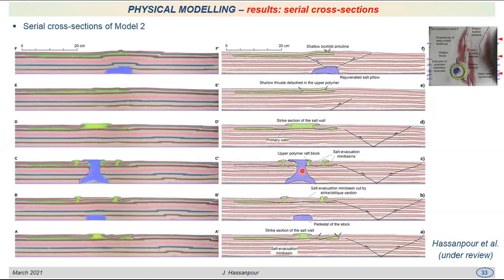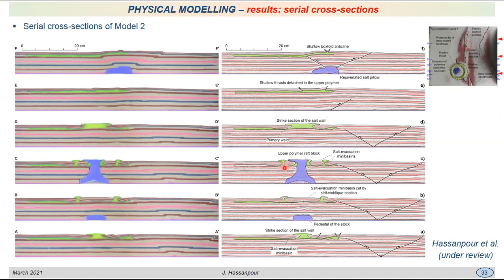But an interesting point is that even after significant extrusion of the polymers, we don't see any evidence of mixing of both polymers. So this example led us to interpret the seismic lines in the study area in the way that the Fars Salt has been rising at the flank of the Hormuz Salt without mixing with it.